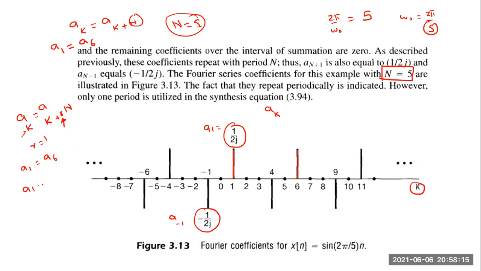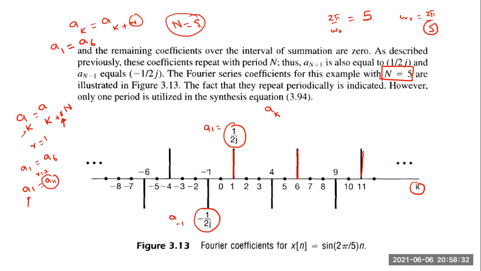Also, a1 can be equal to, now consider r equal to 2, so 2 multiplied by 5 is 10. So a1 plus 10 is equal to a11. So this a1 will also repeat at 11. You can see you have another repetition of this, and then this thing keeps repeating.